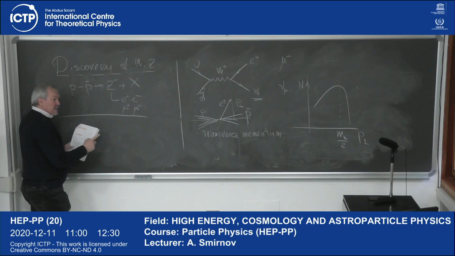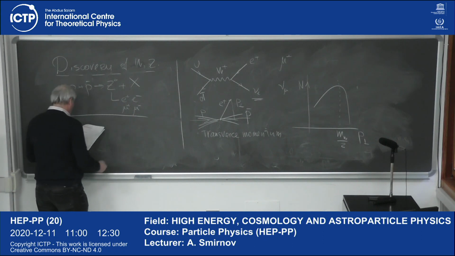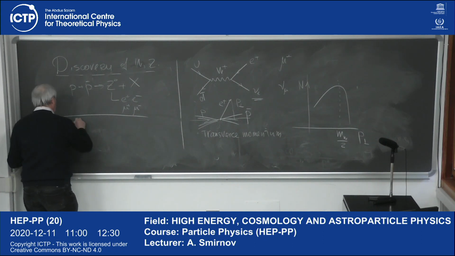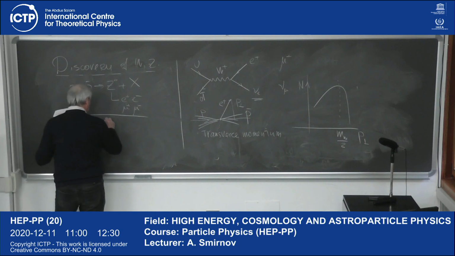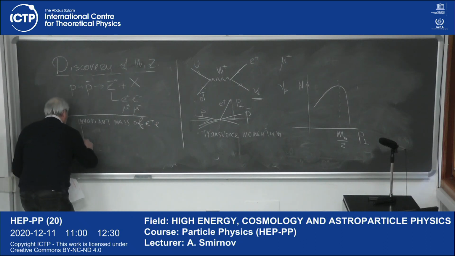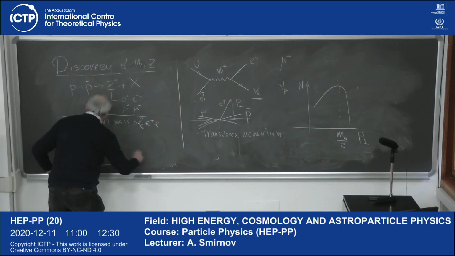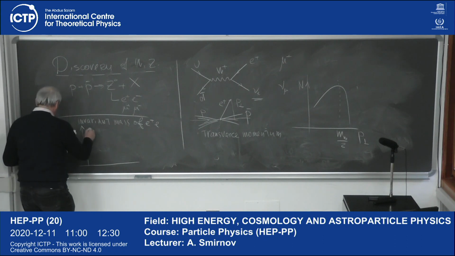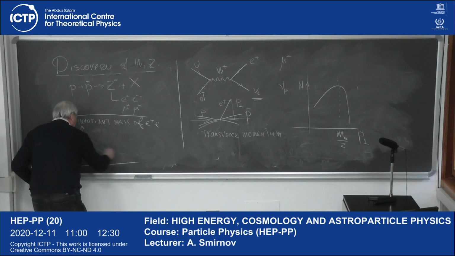What they measured in this experiment was the invariant mass of e plus, e minus. So the measurement is of the invariant mass of e plus, e minus. And you can now understand, they saw something like this: background and the peak.